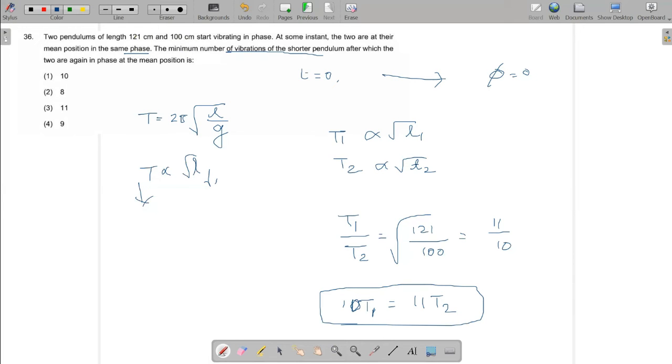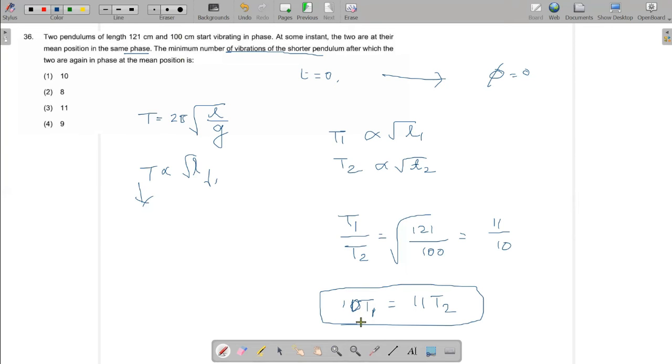The longer pendulum's time period is T1. This is the shorter pendulum T2, correct? If the length is more, the time period is more.